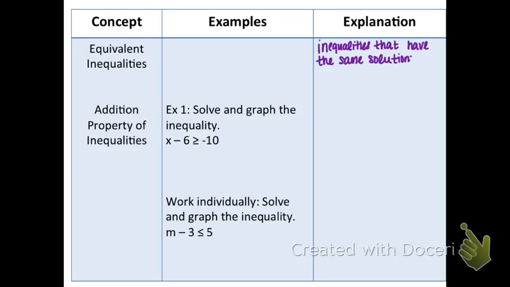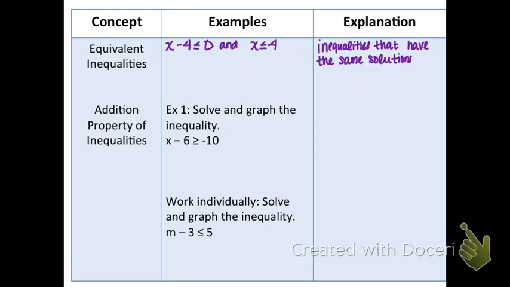Okay, so real quick, in the examples, I'm going to write something down that may not make a whole lot of sense at first, but after we go over the addition property of inequalities, I'm going to backtrack and explain. So what I'm going to write down is x minus 4 is less than or equal to 0, and x is less than or equal to positive 4.